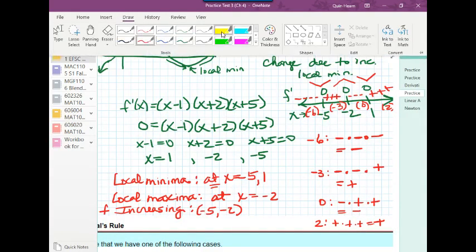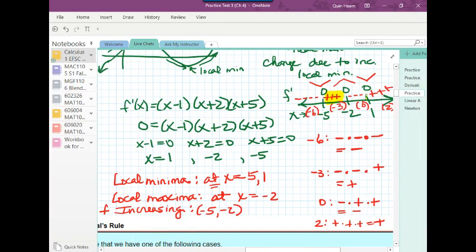So our local minima are going to be at x equals -5 and 1. Now I didn't find what the local minima are yet because that's the function value, but we know where it's located.